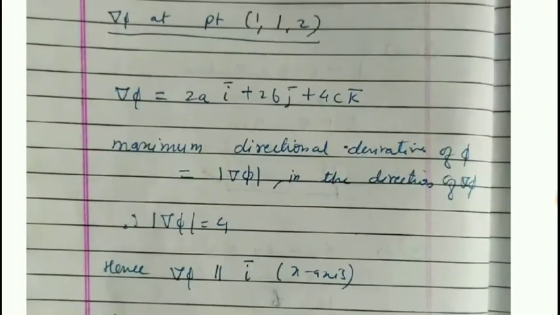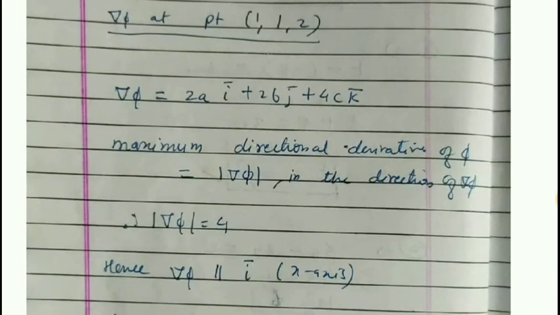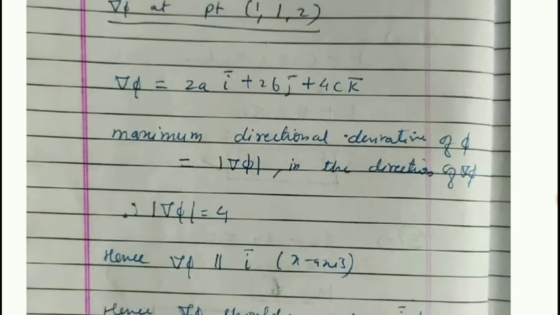After that you get 2a i bar plus 2b j bar plus 4c k bar. We are also given that the maximum directional derivative of phi, mod del phi, is 4 and that mod del phi is parallel to x-axis, that means parallel to i.